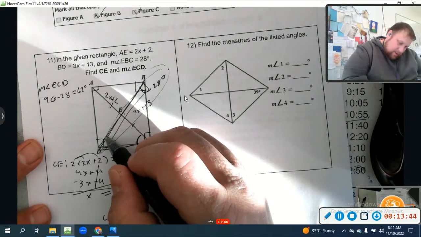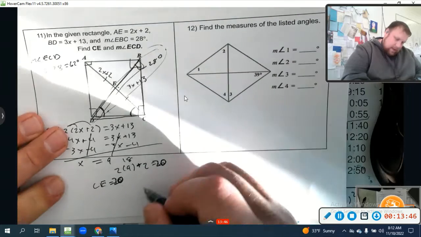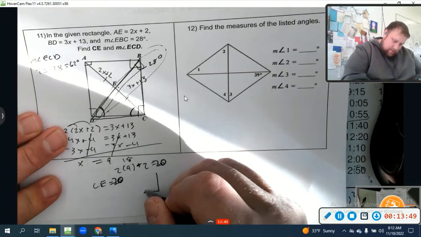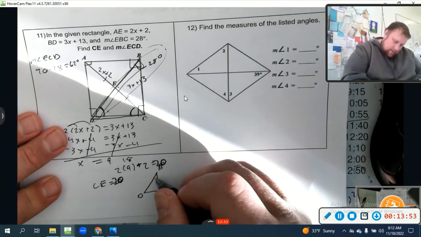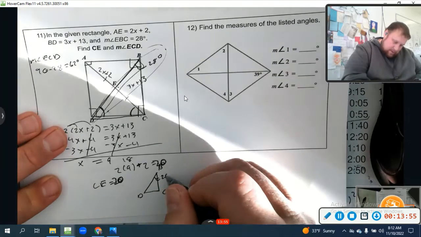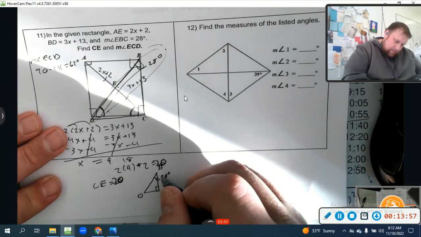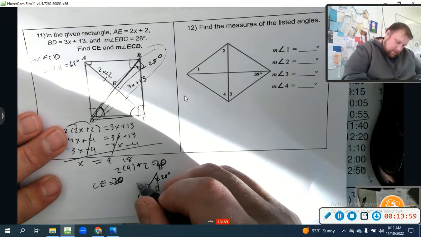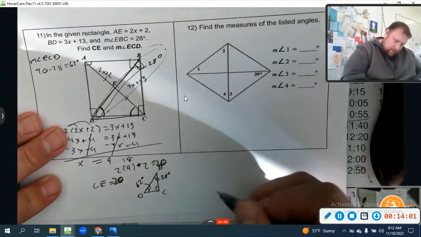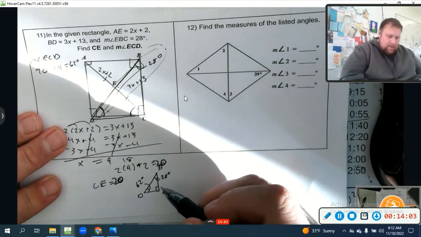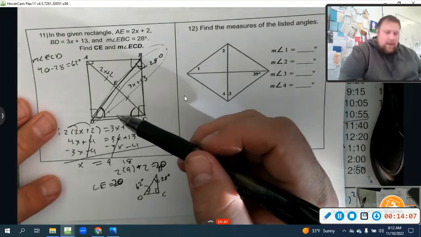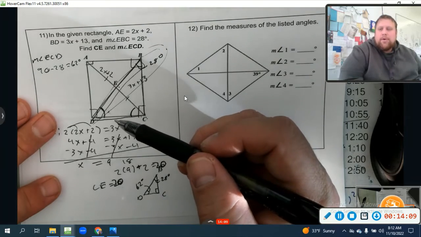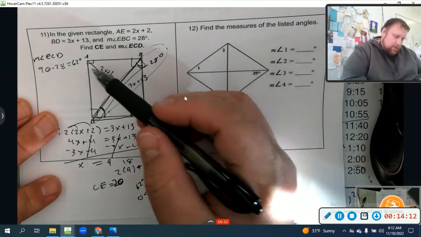So what I was looking at, guys, was this triangle, BCD. We know this is 28 degrees. We know this is 90, and when we did the subtraction, we found out this has to be 62 degrees, okay? Remember that theorem that says the diagonals of a parallelogram separate it into two congruent triangles? Well, in a rectangle, it actually almost is four congruent triangles, right?